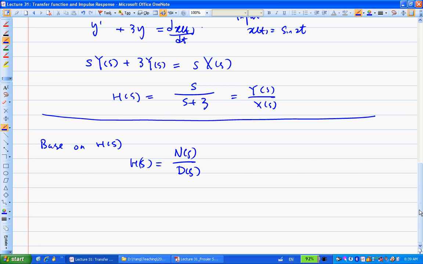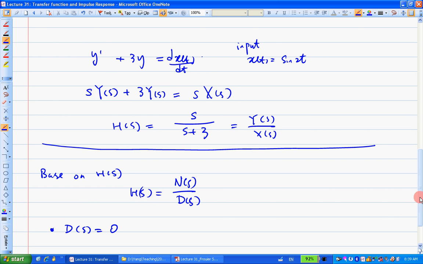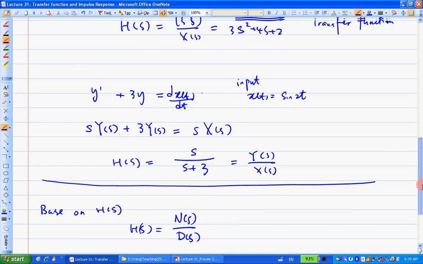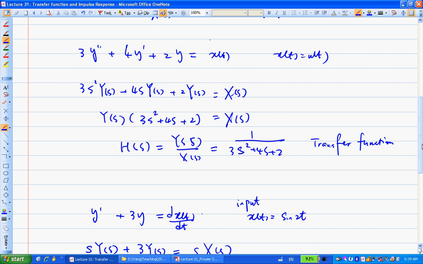So let's observe a few things. Number one, if I set this D(s) equal to 0, based on the examples I just showed you, let's take a look at this D(s). Where's D(s)? It's this term here, so 3s squared plus 4s plus 2.